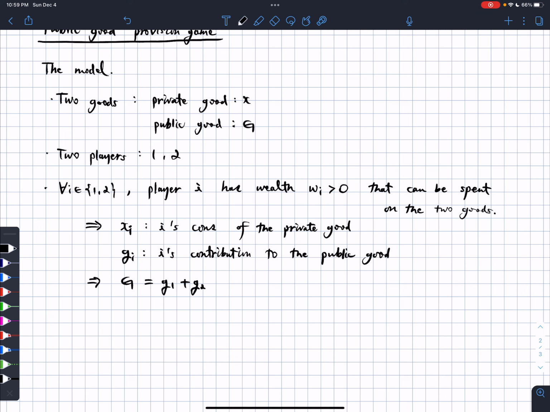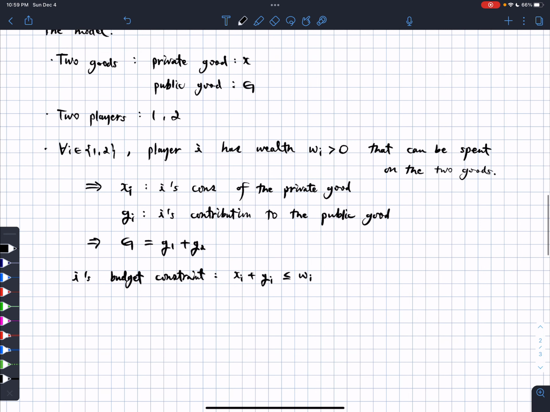So i's budget constraint will be x_i plus g_i cannot be larger than his wealth. Okay, and here I don't really specify the prices because you may think of all of these as dollar amounts.